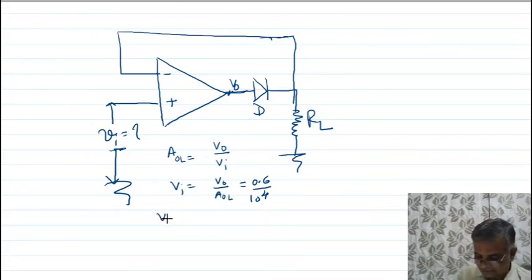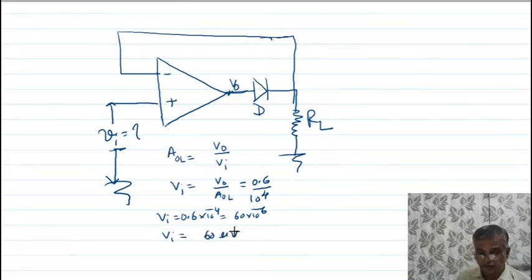So my input is 60 into 10⁻⁶, that is 60 microvolt. If my input is 60 microvolt, my output is 0.6, the diode will conduct, and you will get the output.